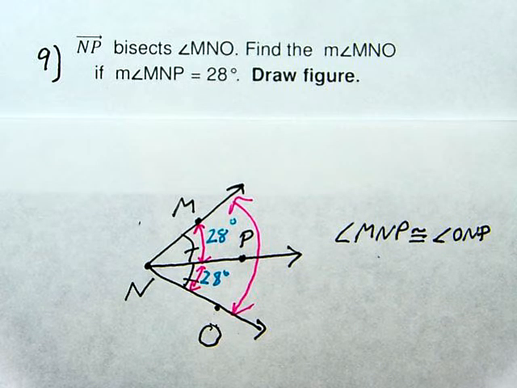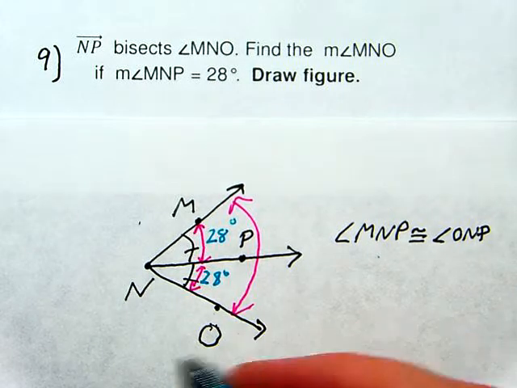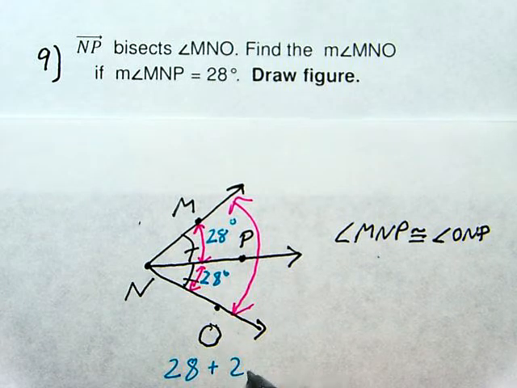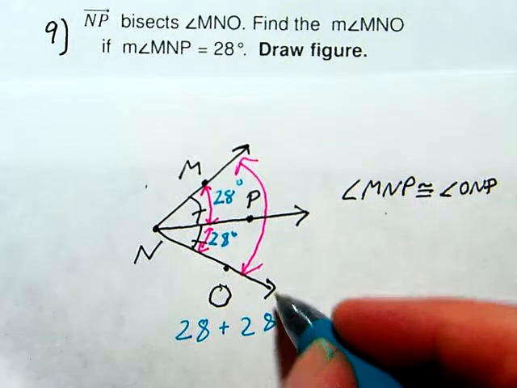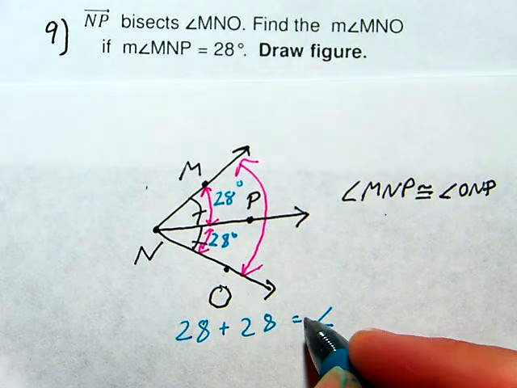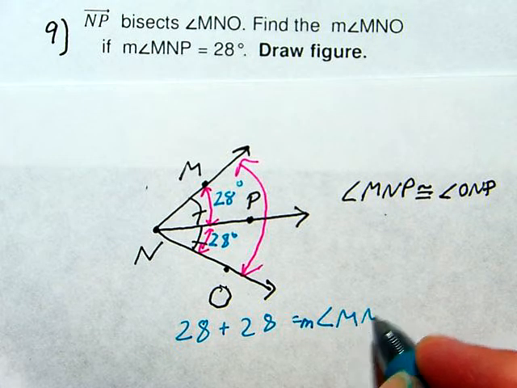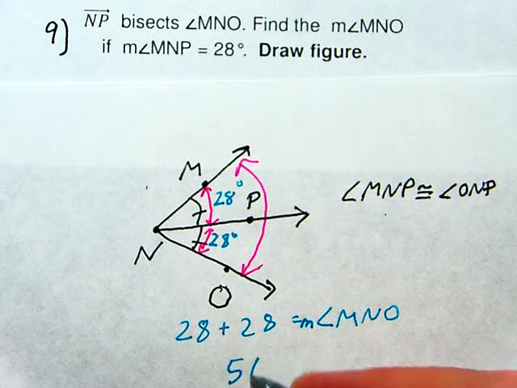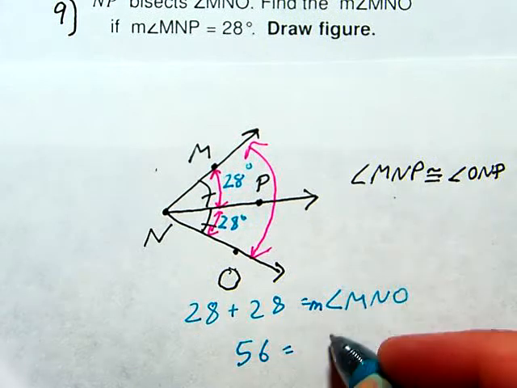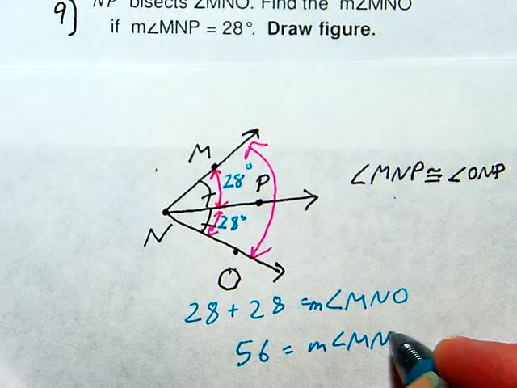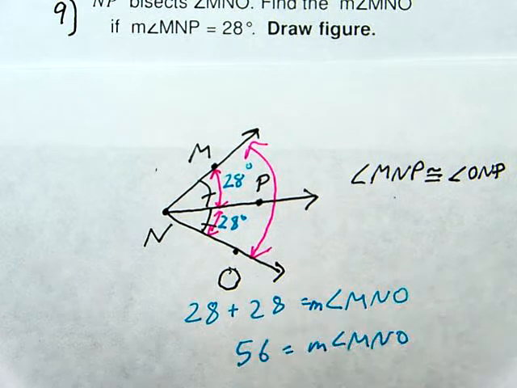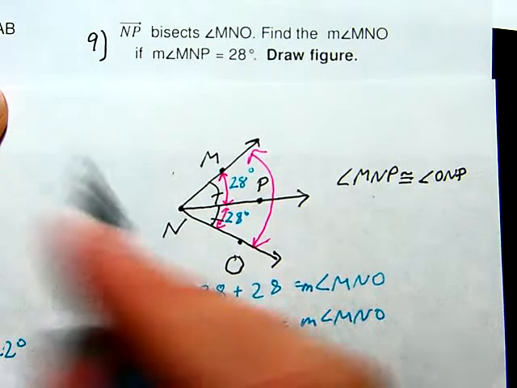So we've got 28 plus 28 is equal to the measure of angle MNO, which means that 56 is equal to the measure of angle MNO. And that is the answer to this problem, problem number 9, 56 degrees.